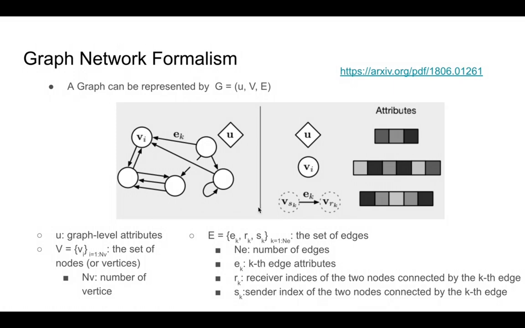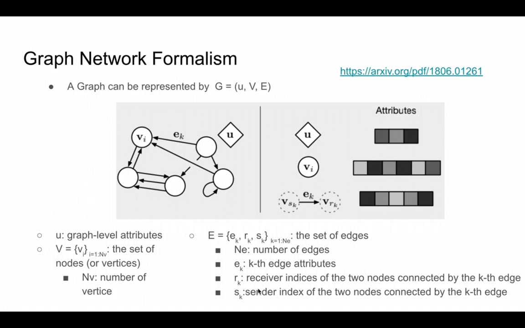In a graph, E is the set of edges. A node could have multiple edges, and E is the number of edges associated to a vertex, and E_k is the k-th edge attribute.